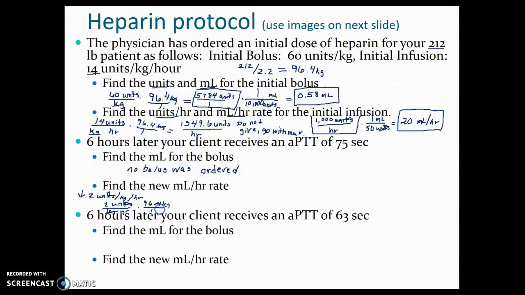So that allows me to cancel the label of kilograms, and doing my math on my calculator, I now know that we are going to decrease their rate by 192.8 units per hour. So I want to take my 1,000 that I originally gave them, and that was units per hour, and I want to subtract, because I want to decrease it, the 192.8 units per hour.